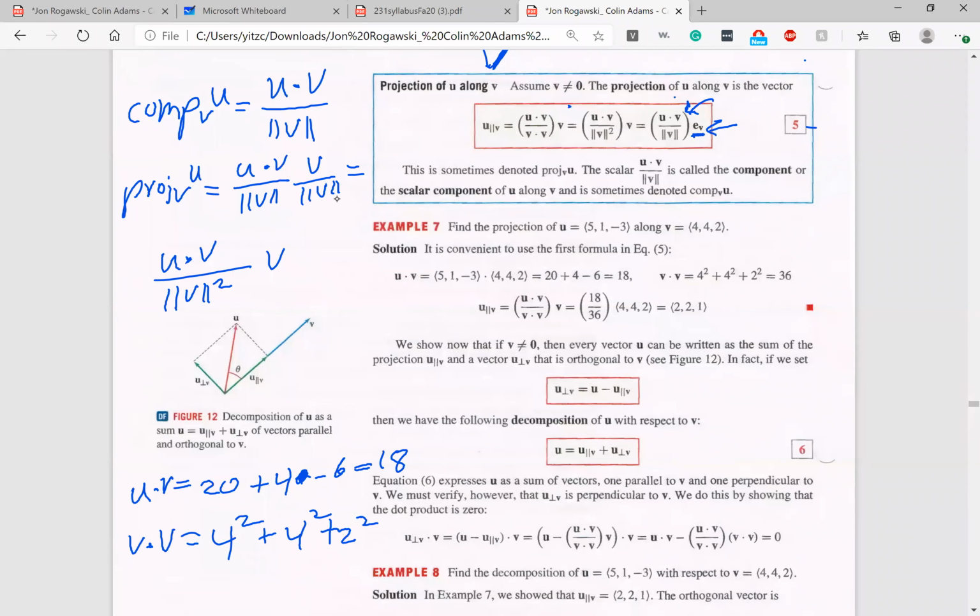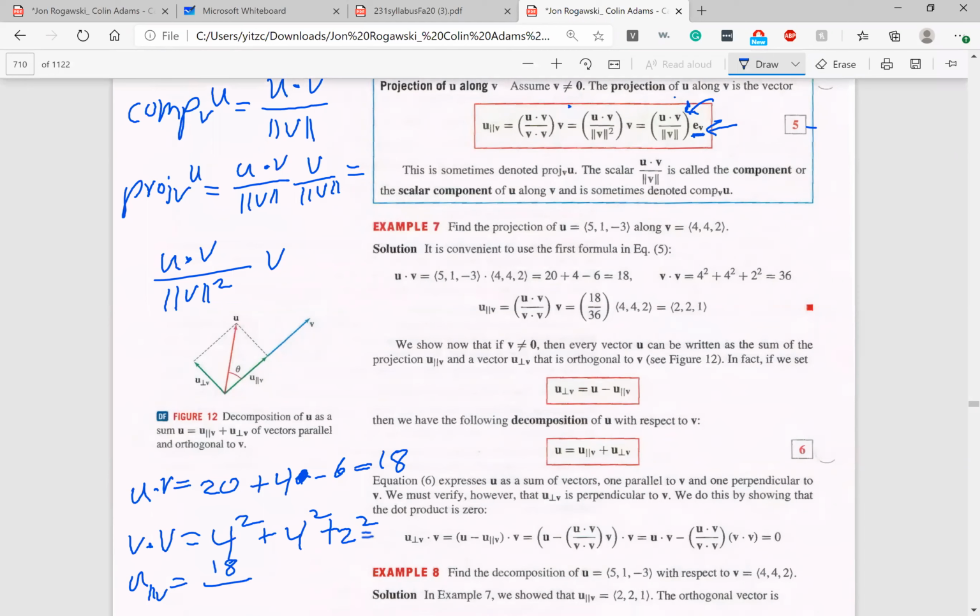Okay, so now that we have these two pieces of information, we know that u projected onto v is going to be equal to this dot product, so that's 18, over this dot product, so sorry, this is 36.